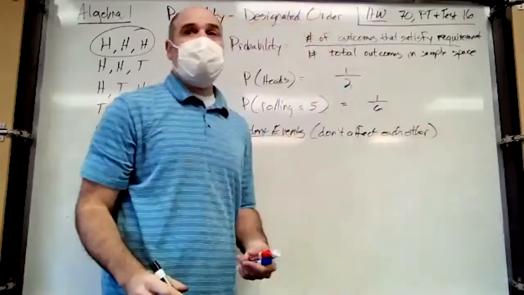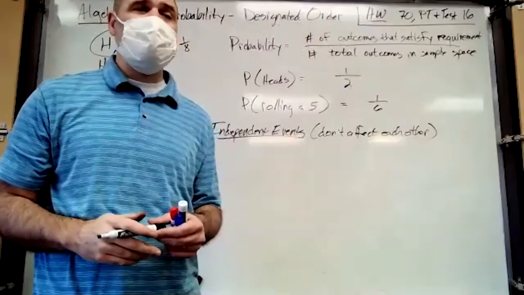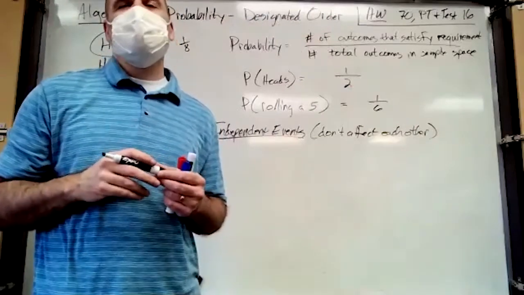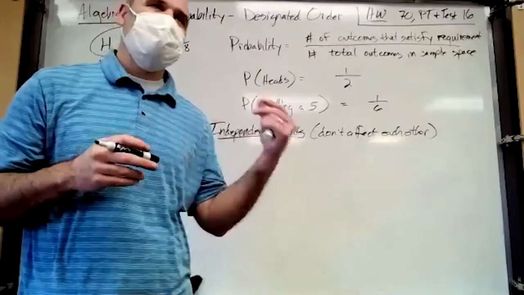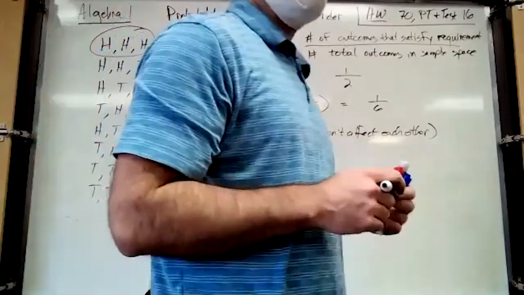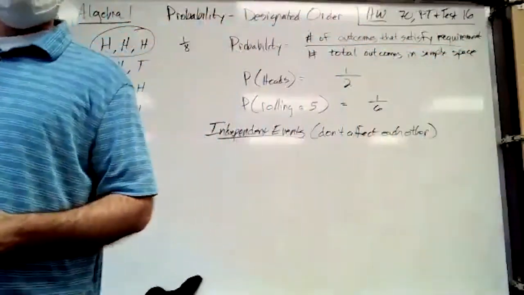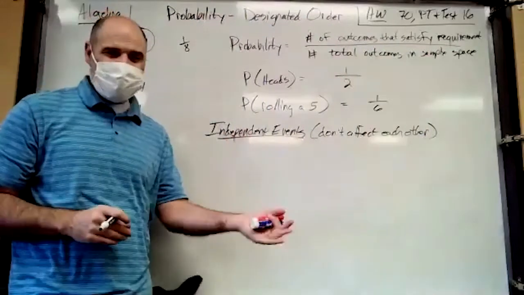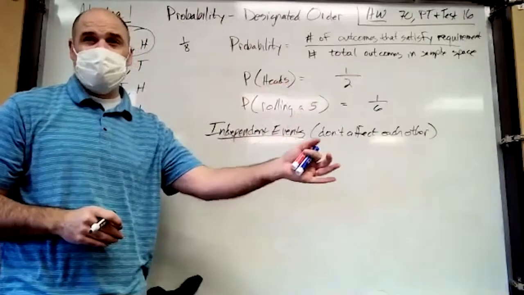So getting a heads when you flip a coin, the coin doesn't say, I'm tired of landing on my face, tired of landing on my butt, I'm going to land on my face. No, the coin does not get tired of landing a certain way, right? So that coin toss does not determine or have any effect on the next coin toss, right?